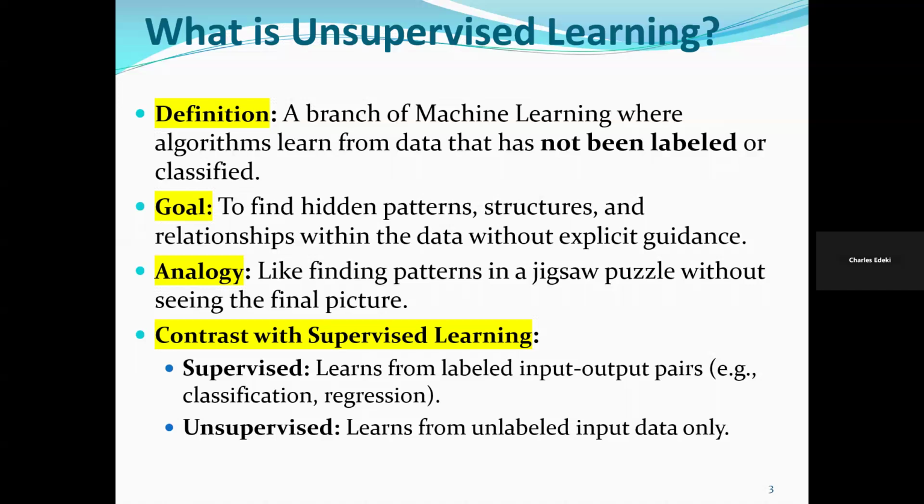So that is what we call unsupervised learning. Here we are not using training data. The goal, as we said earlier, is to find the hidden patterns, structures, and relationships within the data without explicit guidance.